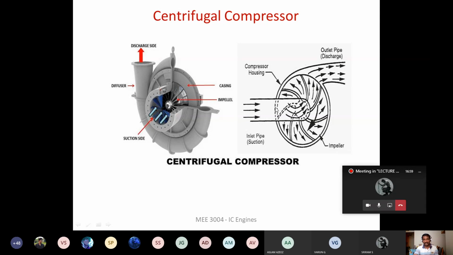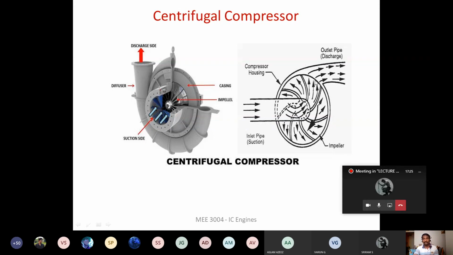The entry is in the axial direction, and the fluid takes a 90-degree turn as it passes through the vanes of the impeller. Its entry is in the axial direction and it leaves in the radial direction, which means both are at 90 degrees. It enters axially and leaves radially. When it comes out, it is going to gain energy.